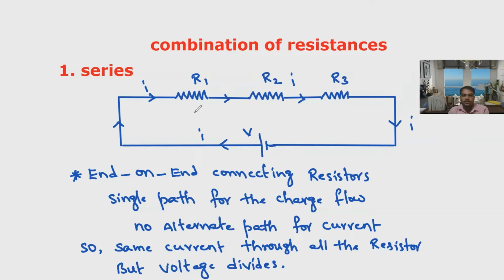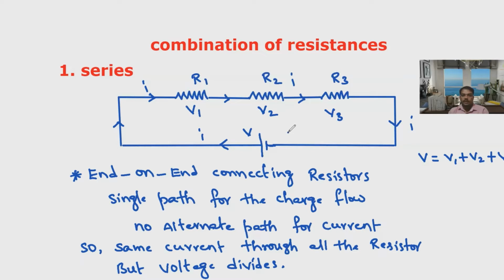Let V be the voltage of the cell that causes the current I. V1 across R1, V2 across R2, V3 across R3, then V is equal to V1 plus V2 plus V3, as V divides into V1, V2, V3.